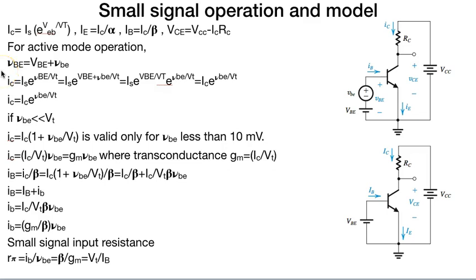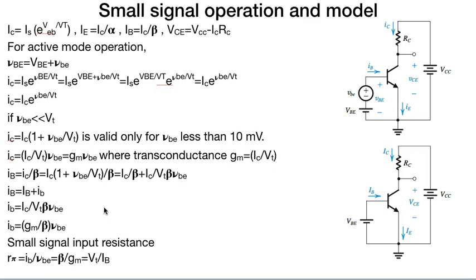Now I want you to go through this step by step, because each step, each assumption has been discussed by me earlier. When you get to know this, you will have a clear idea about what small signal operation is and what its model is, and how we calculate different parameters such as beta, RE, GM, and R pi.